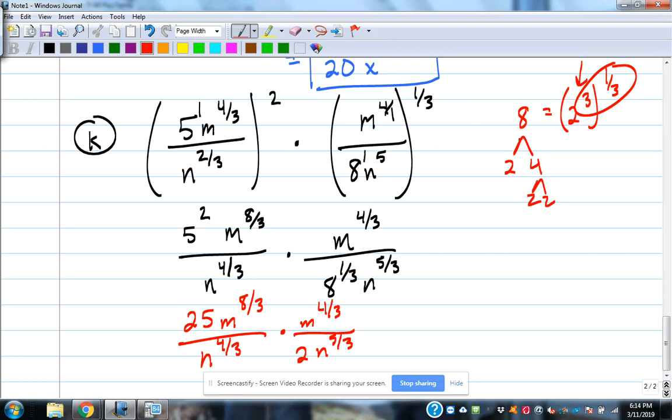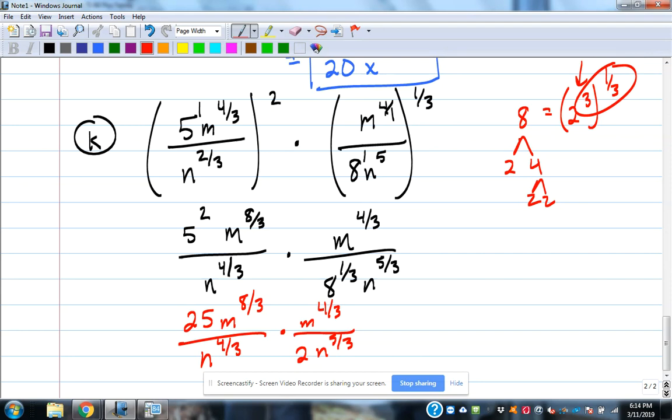Now I'm multiplying fractions together here. So that allows me to do all the rules for multiplying fractions, which would allow us to cancel vertically or diagonally if possible. This one doesn't do either of those. So if nothing will cancel, how do I multiply fractions? Straight across, top times top, bottom times bottom.